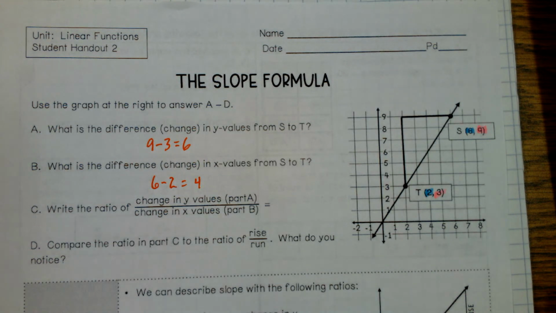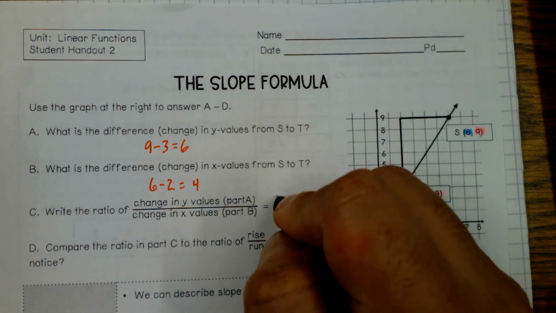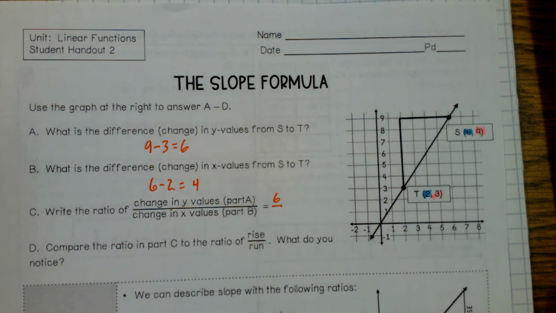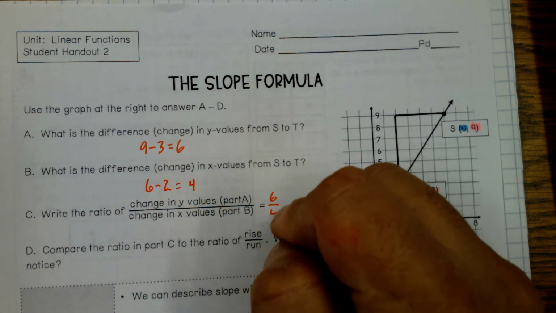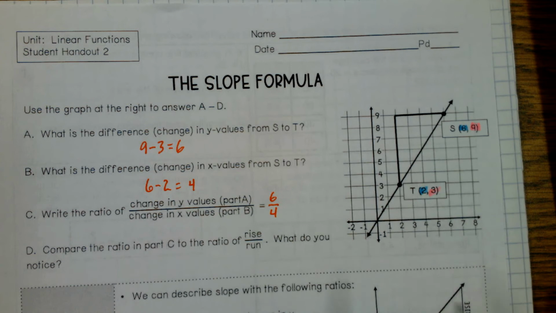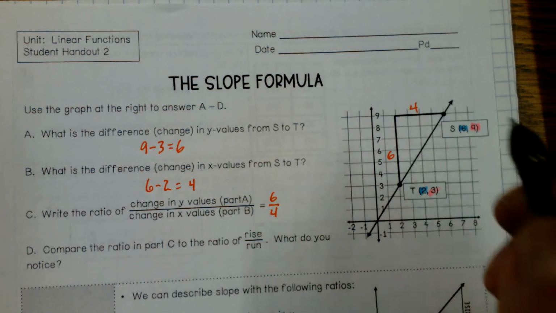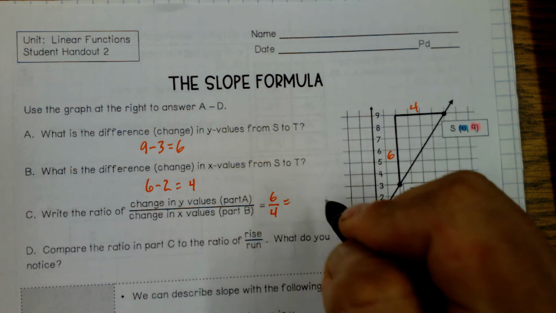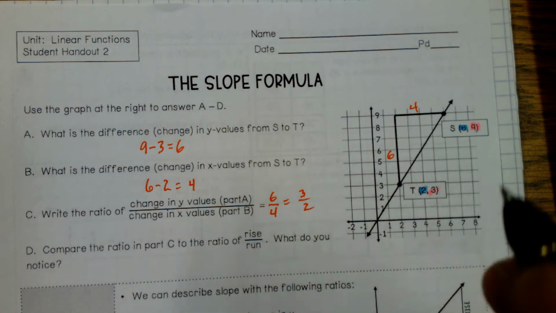Part C. We want the ratio in the change of y values, 6, to the change in x values, 4. But then that becomes 3 over 2.